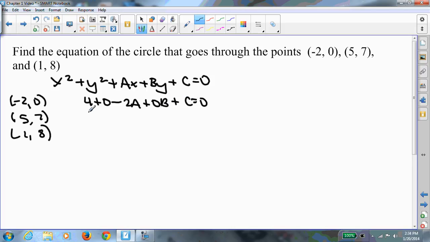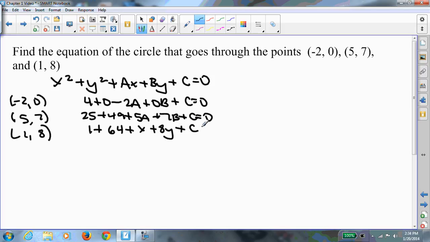Substituting in 5, 7, 25 plus 49 plus 5a plus 7b plus c equals 0. And then substituting in the point 1, 8, 1 plus 64 plus a plus 8b plus c equals 0.